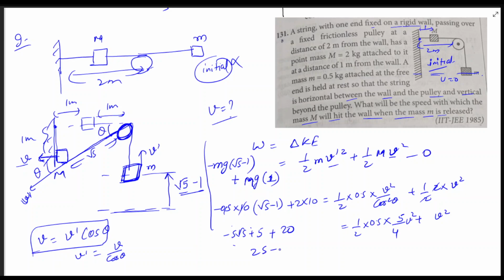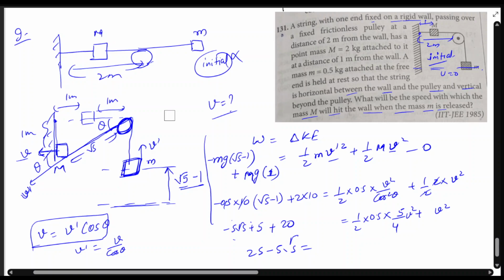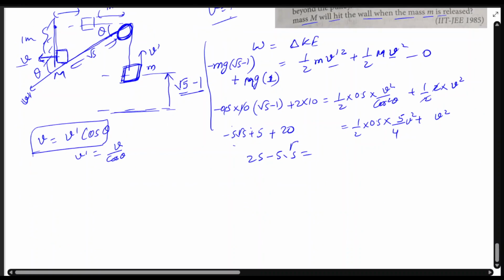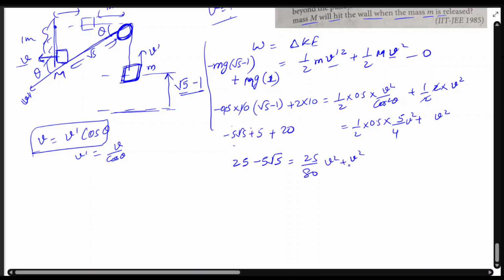So we will have 25 minus 5 root 5 will be equal to, so let me rub this. 25 minus 5 root 5 will be equal to, now this is 25 by 80 v square plus v square.